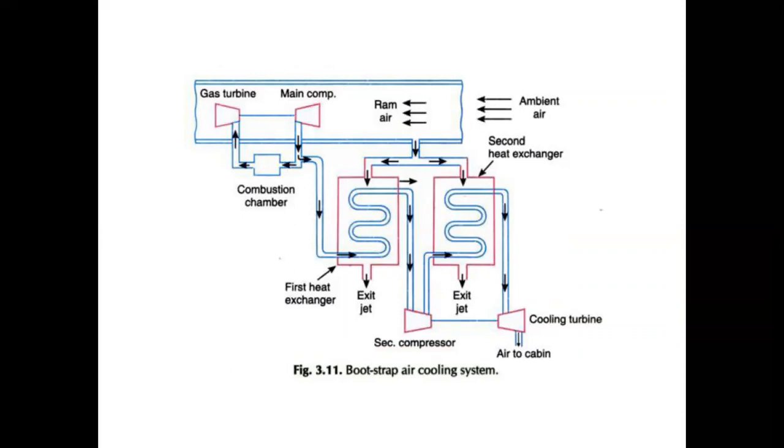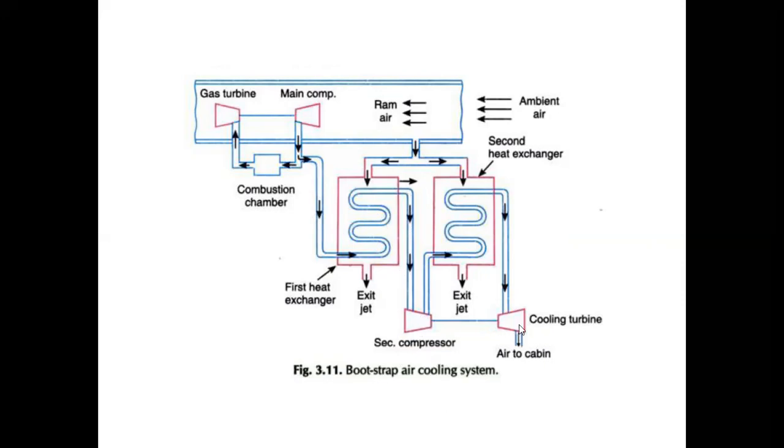Here there is an arrangement of passing rammed air through the first heat exchanger and second heat exchanger to exchange heat with the air that passes from the main compressor. When the air from the main compressor passes through the first heat exchanger, it becomes cool, meaning the temperature decreases. It then passes to the second compressor, where the temperature and pressure rise again.